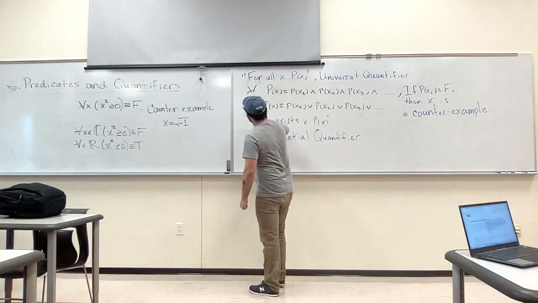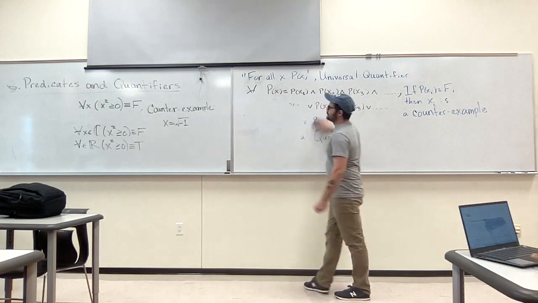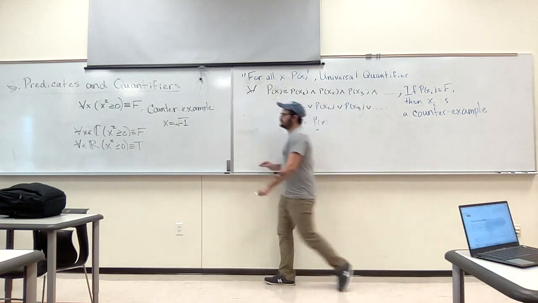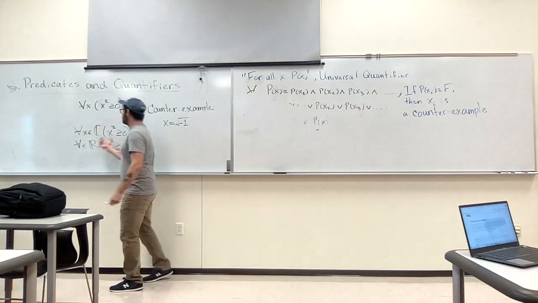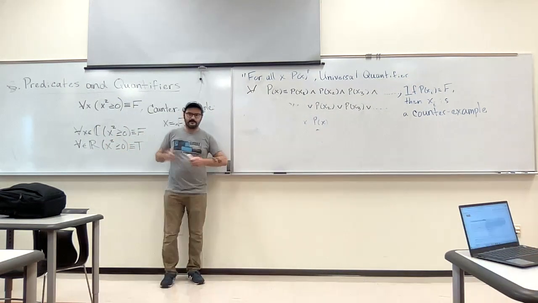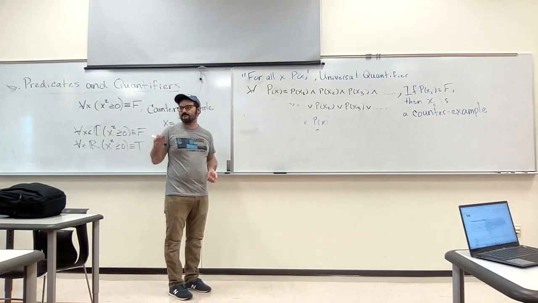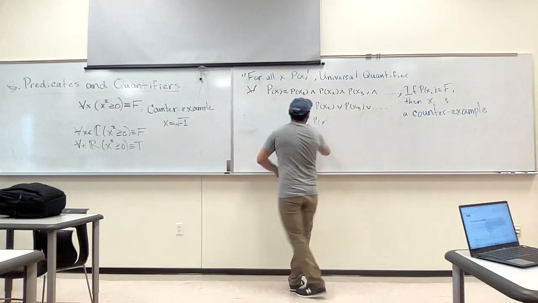So oftentimes we're going to want to look at negating these propositions, right? As soon as I put a domain of interest together with a predicate and a quantifier, I have a single proposition or a compound proposition, just like the things we've been looking at before.